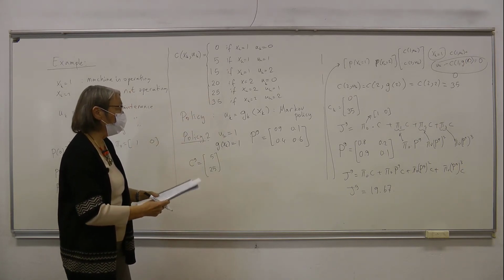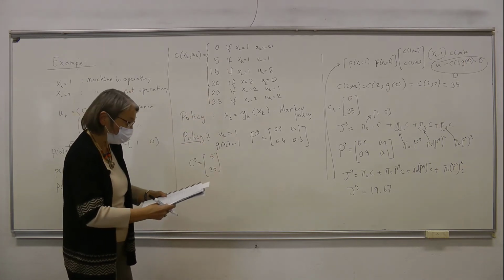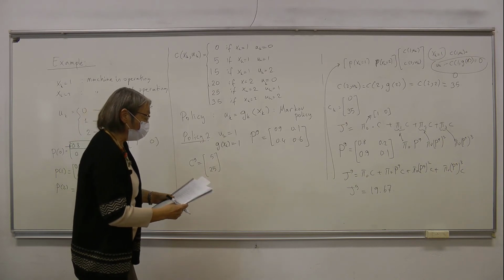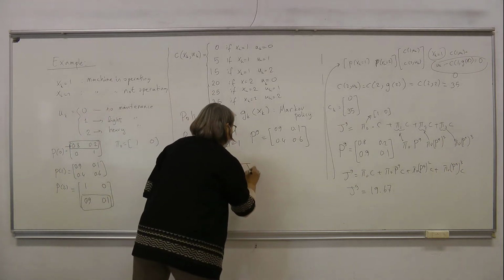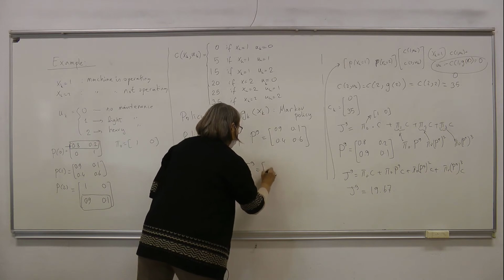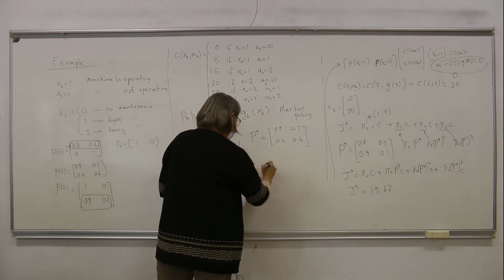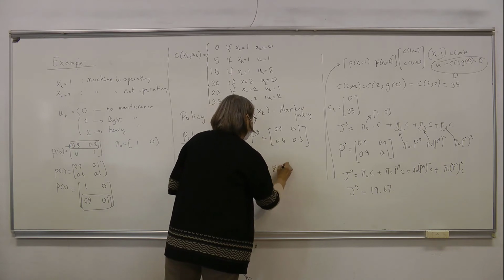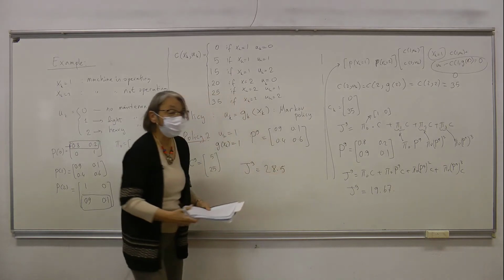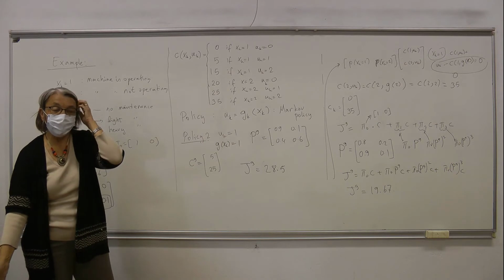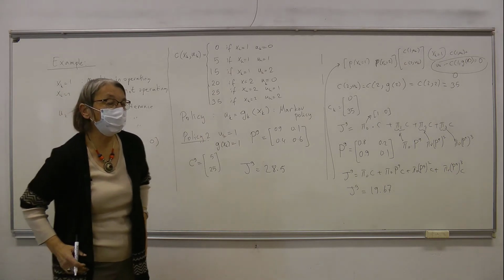And then we will use exactly the same formula, nothing will change. And for that one, we will obtain a J of G for this new strategy as 28.5, which is much larger than, of course, the result of the first strategy.